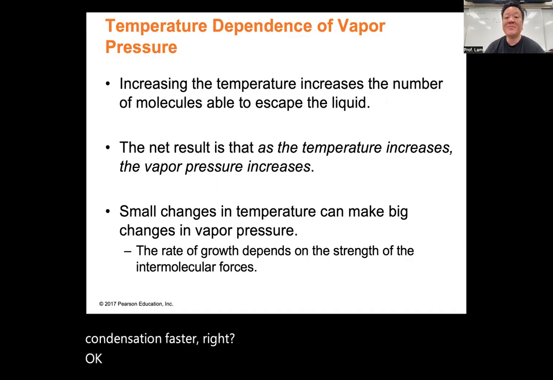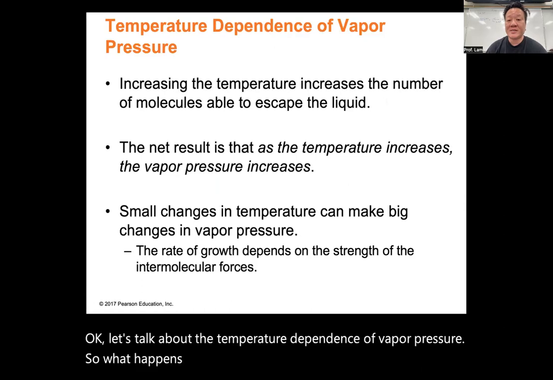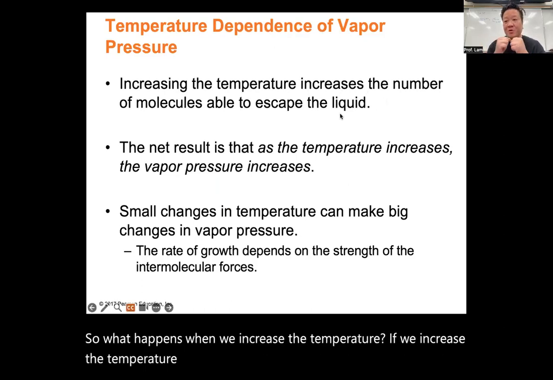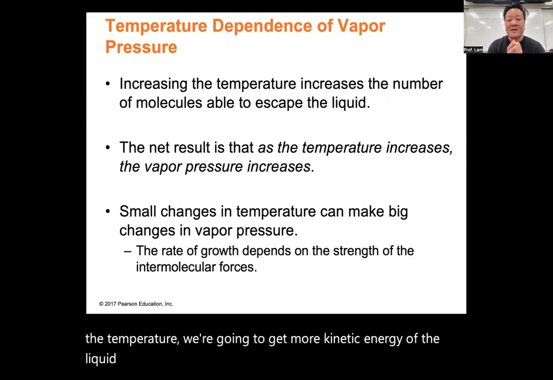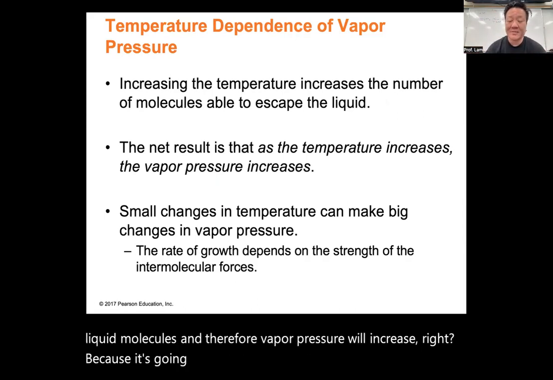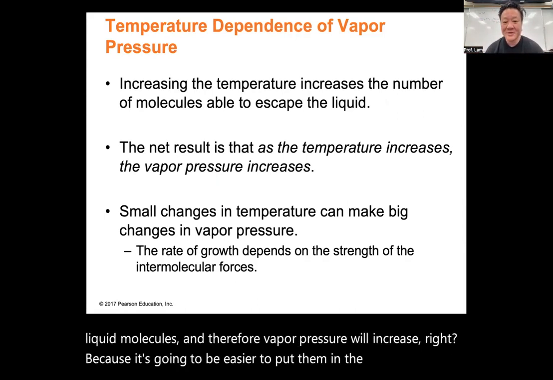Okay, let's talk about the temperature dependence of vapor pressure. So what happens when we increase the temperature? If we increase the temperature, we're going to get more kinetic energy of the liquid molecules, and therefore vapor pressure will increase, right? Because it's going to be easier to put them in the vapor phase.